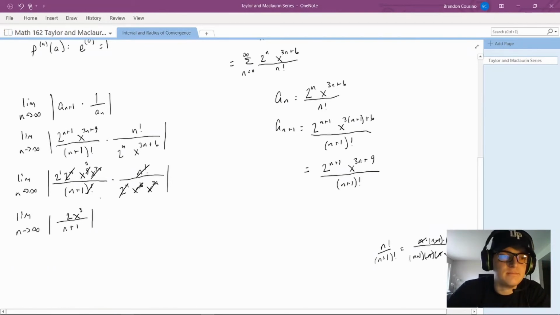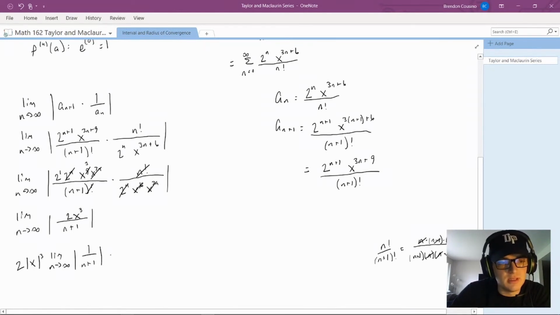Okay, and so now what we want to do is pull out this 2x to the 3rd. So if we pull that out, it's 2 absolute value of x to the 3rd, limit as n approaches infinity of 1 over n plus 1.